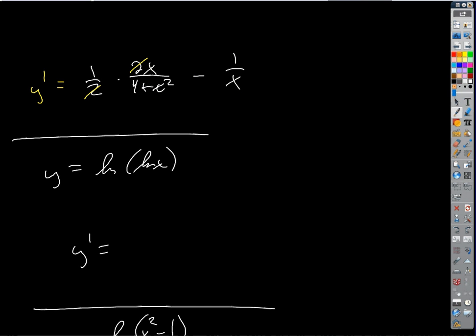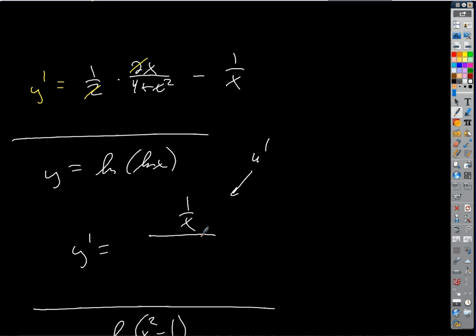If u is log x, what's the derivative of u then? What's u prime? What's the derivative of log x? 1 over x? Okay, so that's what's on the top of the fraction then, right? That's going to be my u prime is 1 over x.